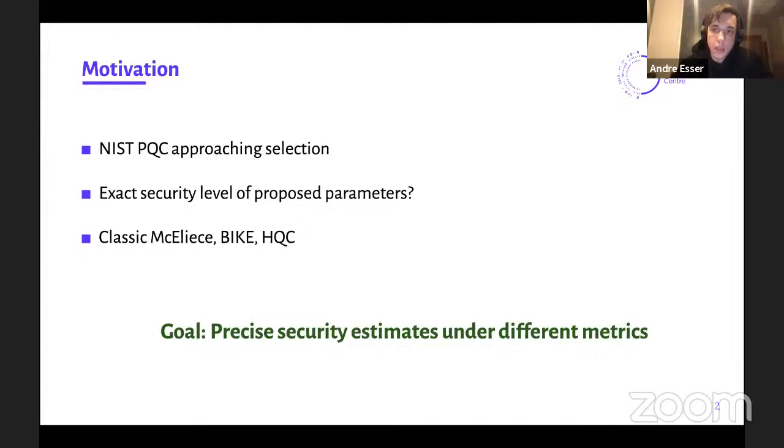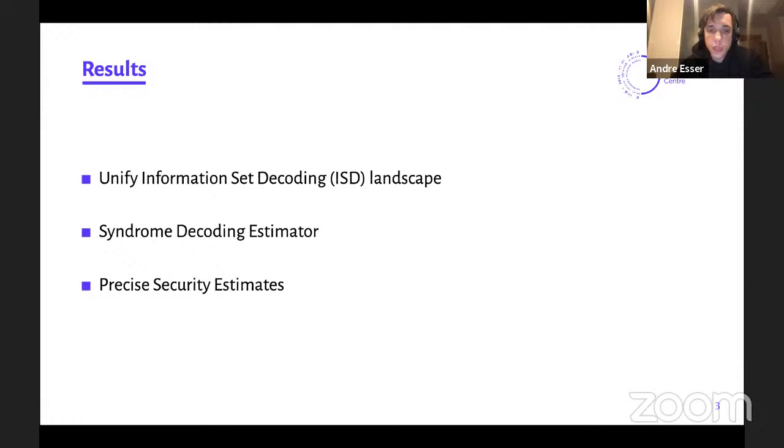The hardness of code-based schemes usually relies on the difficulty of the syndrome decoding problem. And the best known algorithms to solve this problem are information set decoding algorithms. In this work, we basically make 3 contributions. First, we observe relations between all major ISD improvements, which allows us to unify this diverse landscape in a kind of framework, which makes it easy to derive complexity formulas for each of these algorithms.